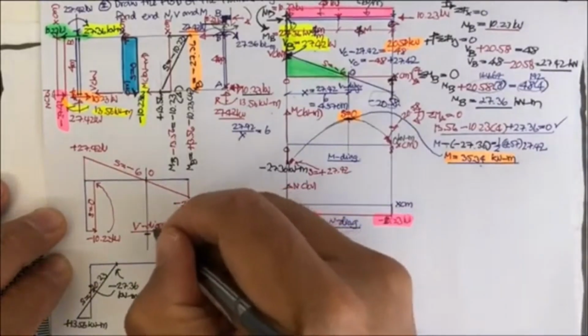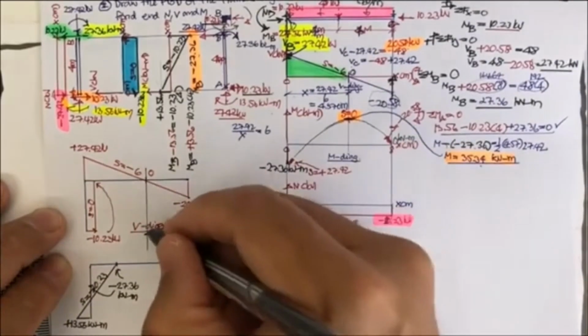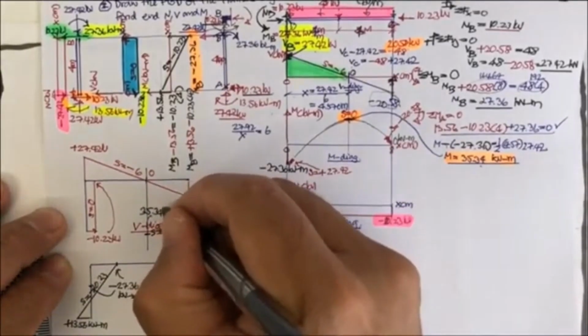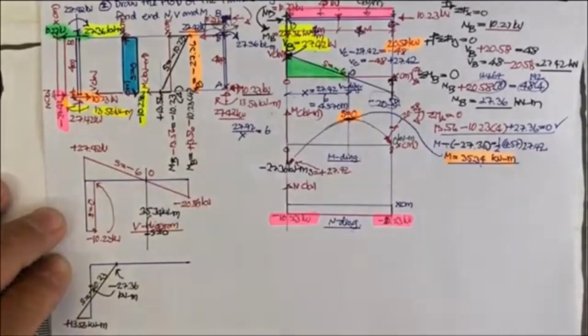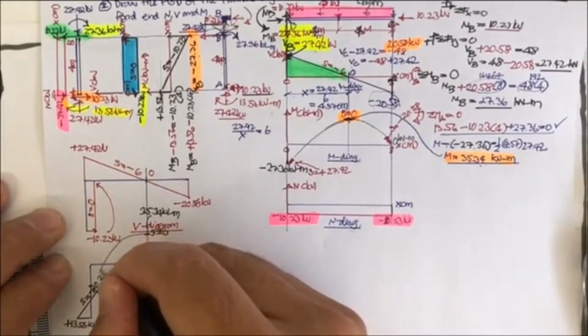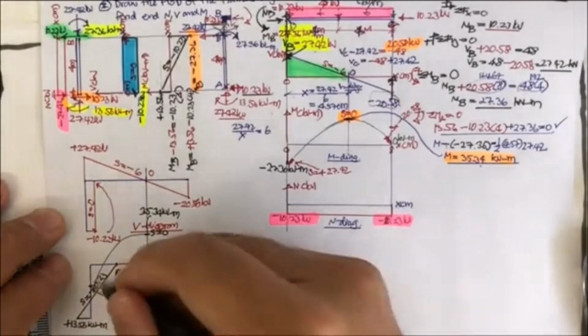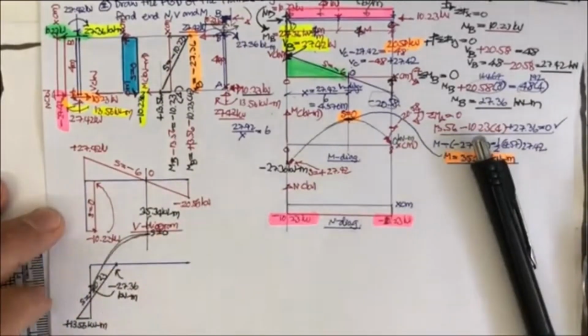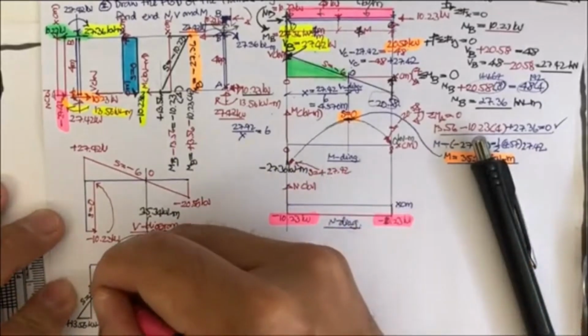So over here S equals 0, and this one is 35.34 kilonewton meter, and the graph is going to have a shape like this. It's going to curve up like this.